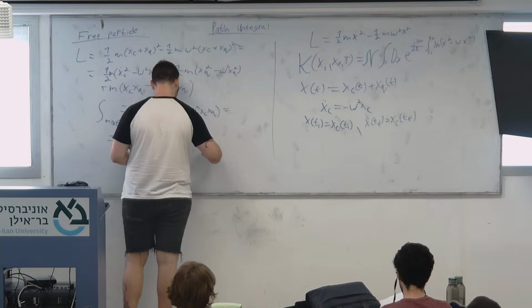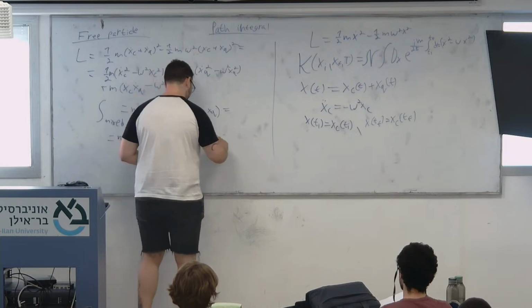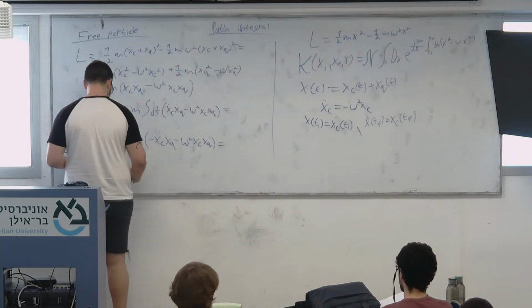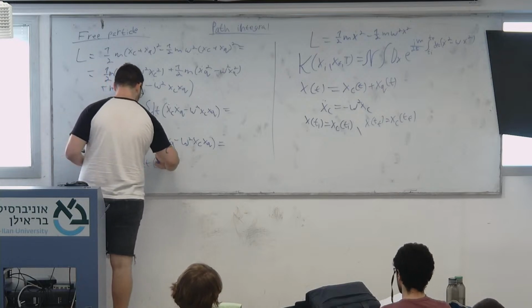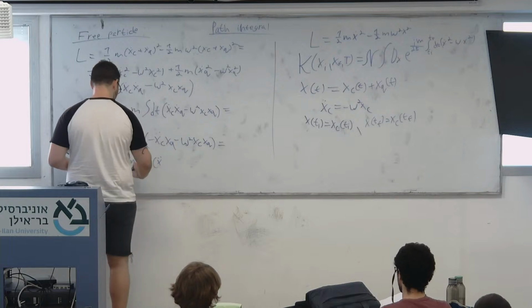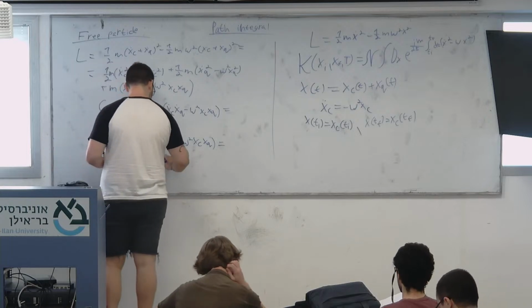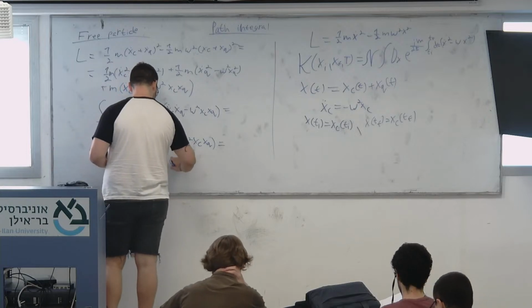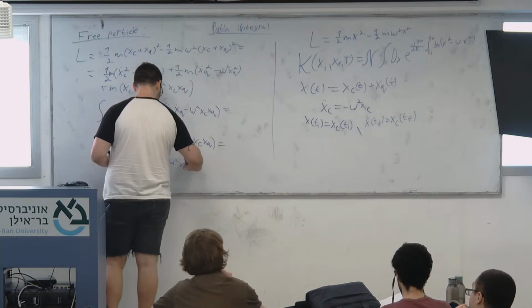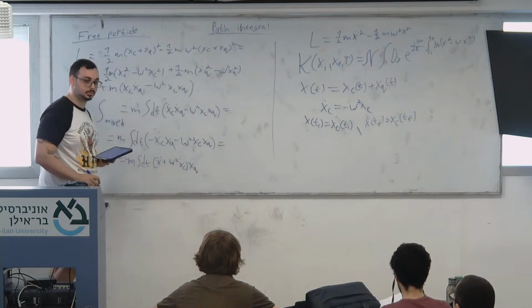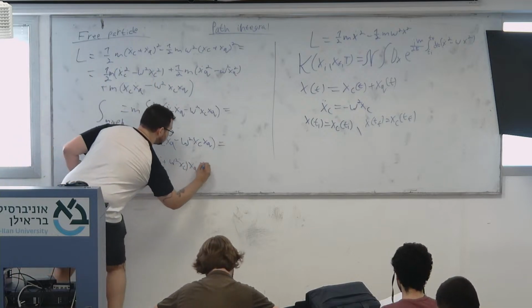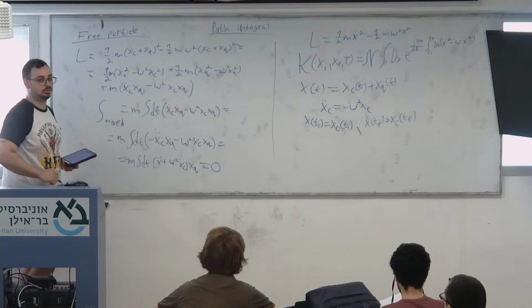It's equal to the integration dt of minus xc double dot plus omega squared xc, times xq, equal 0.